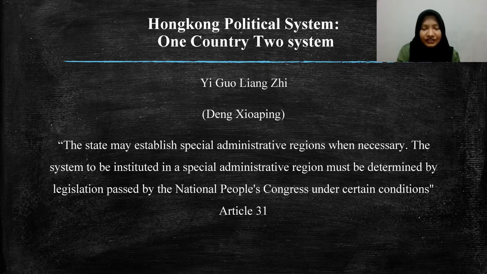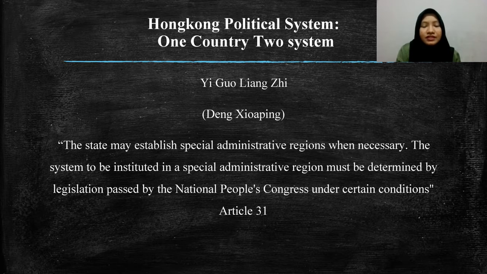under certain conditions. Moreover, Hong Kong itself, after being transferred from the British colony to the PRC through the Sino-British Joint Declaration in 1984, formally became part of the PRC on 1 July 1997.